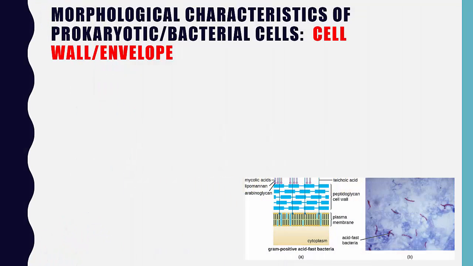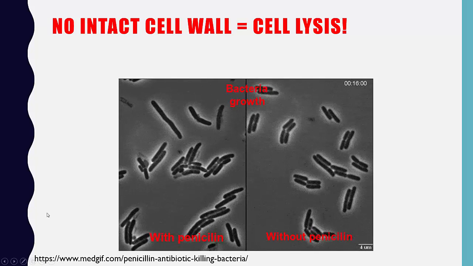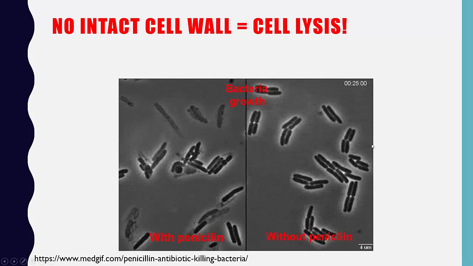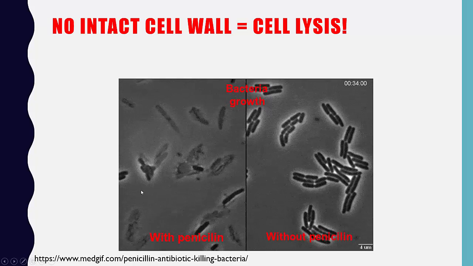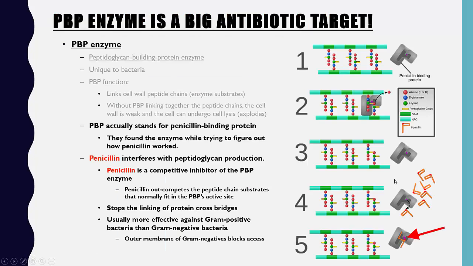Let me just back up one moment here. When it comes to gram positives or gram negatives, which one do you think is easier to kill? So yeah, the easier one to kill is the one that doesn't have an extra protective layer.